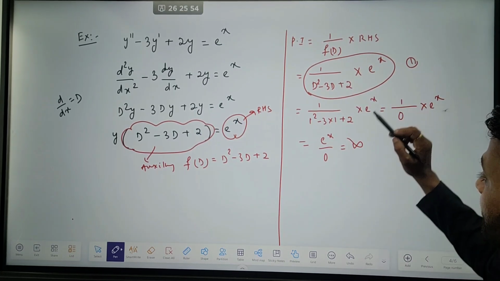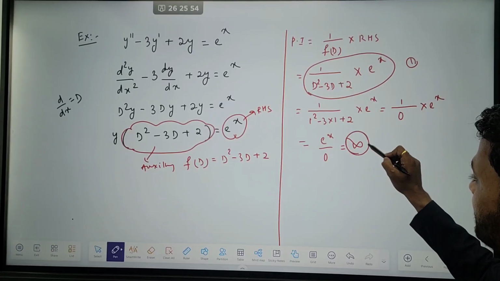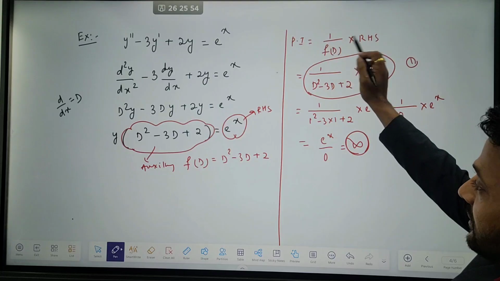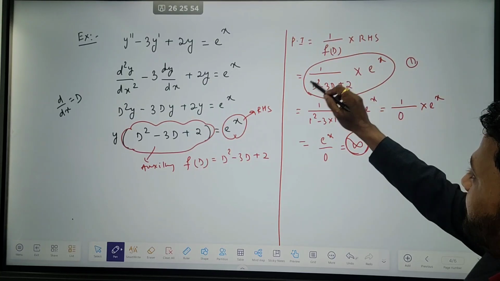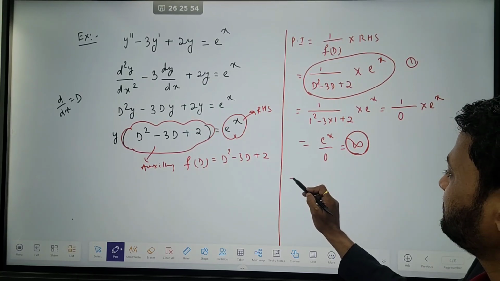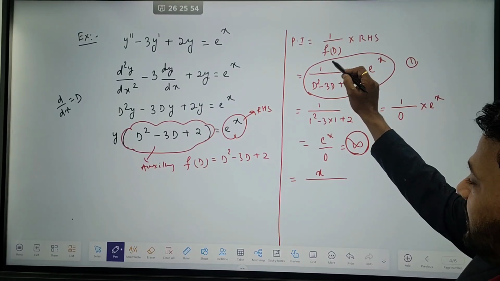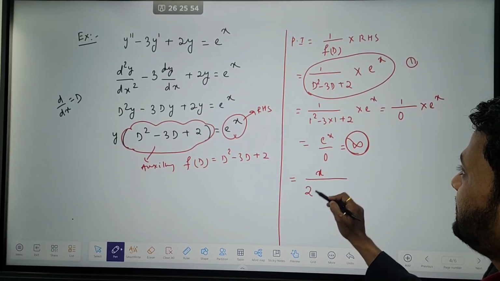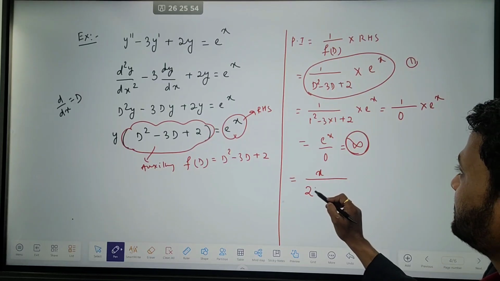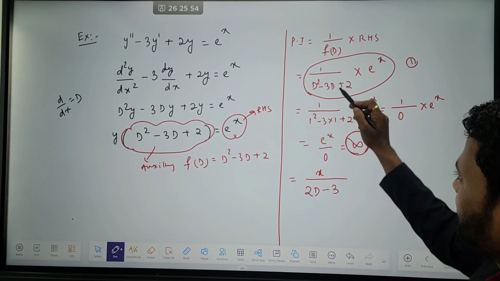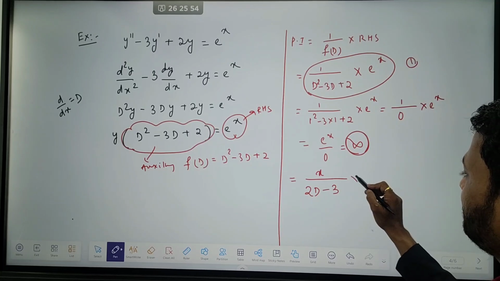Again I repeat, if you are getting the answer as infinite, you multiply x in the numerator and at the same time you differentiate the denominator. So it will be x, I am multiplying x in the numerator and I will differentiate the denominator, which is 2D minus 3. The differentiation of D square is 2D, of 3D is 3, and 2 is a constant, into e to the power x.